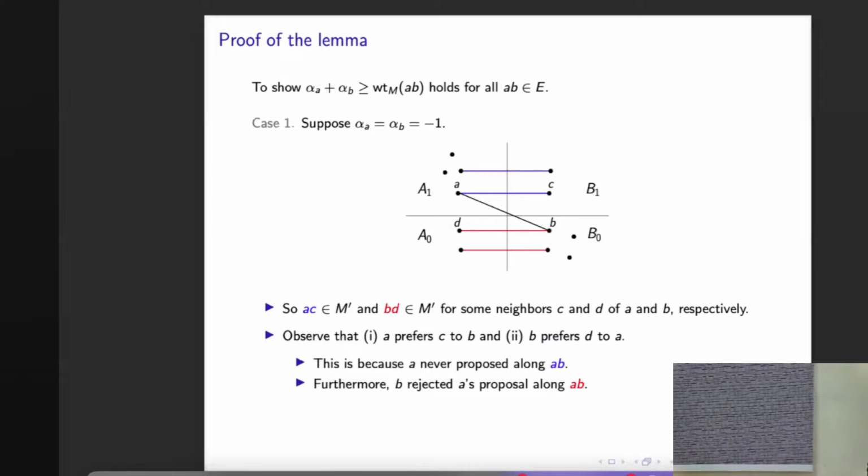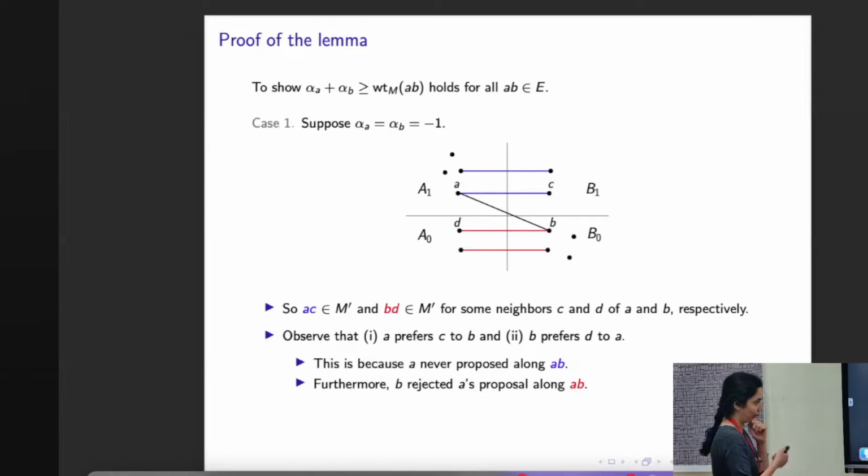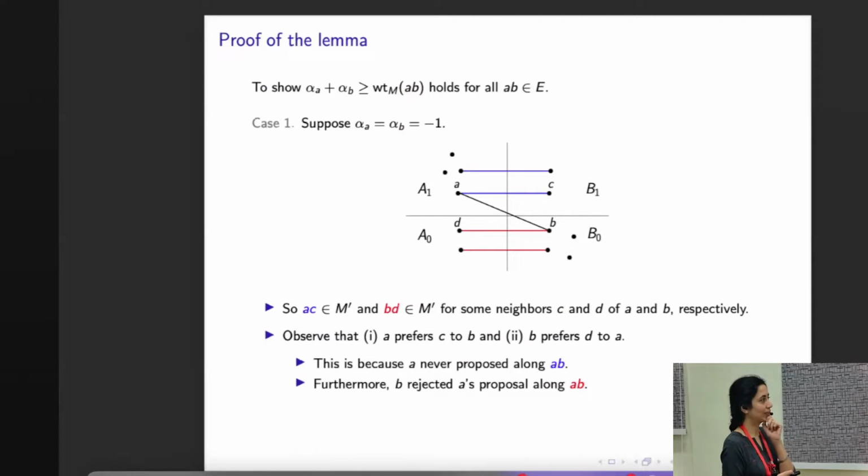We claim A never proposed along the blue edge AB. How do you justify this? Exactly.